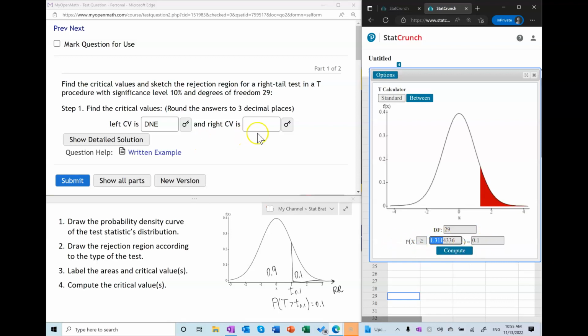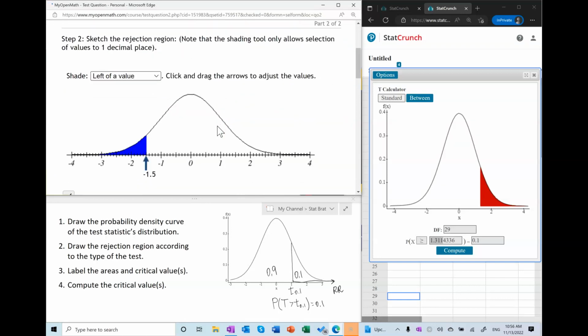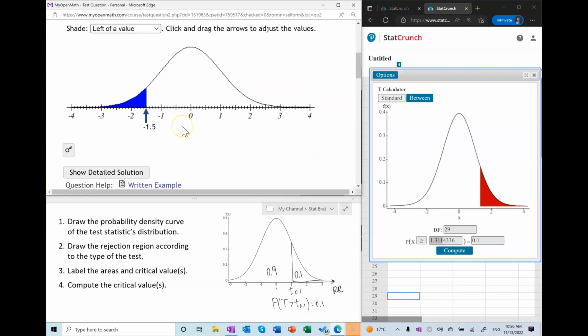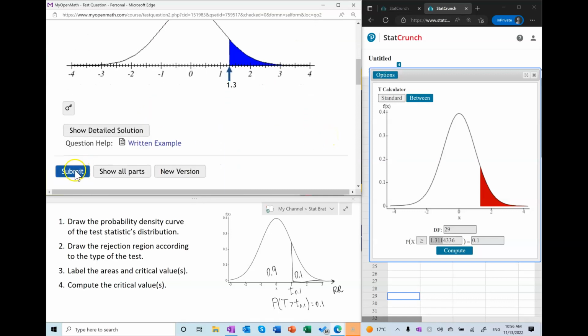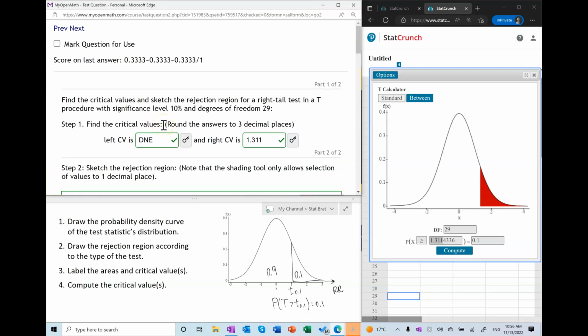This is your critical value. And it's that easy. Now, sketching out the rejection region, given what we already have in front of us, is a straightforward task. So the rejection region is to the right of 1.3. So we're just going to change this here and move this to 1.3. And this is what the rejection region looks like in this particular t procedure.